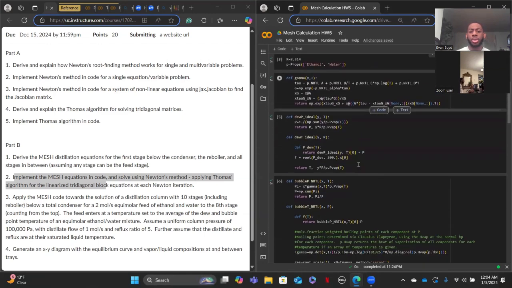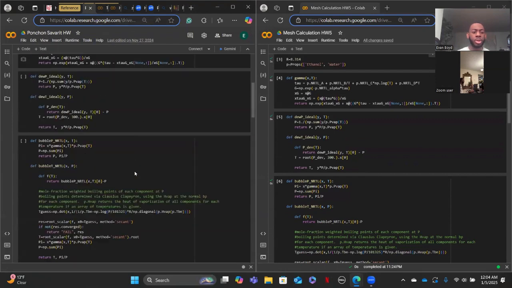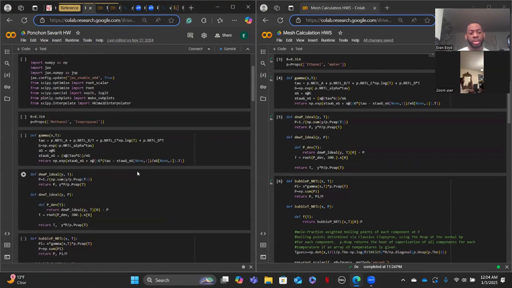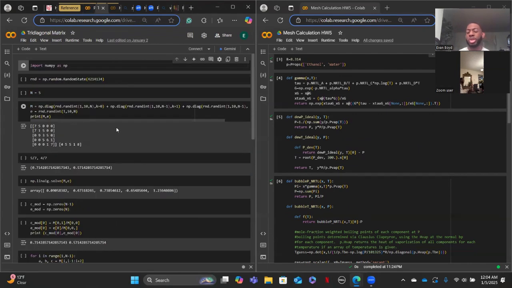So a lot of this comes from our Ponchon-Savarit homework code that we did. We talked about the NRTL and ideal situations for a distillation column. Our tridiagonal matrices that we really just did for part A, which we'll go over later when we do our MESH equations.